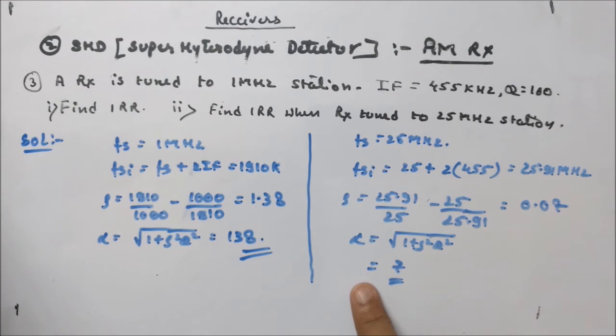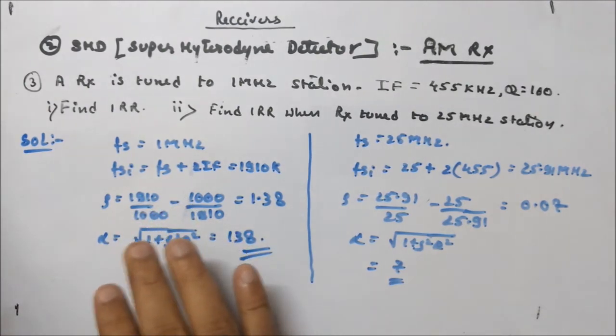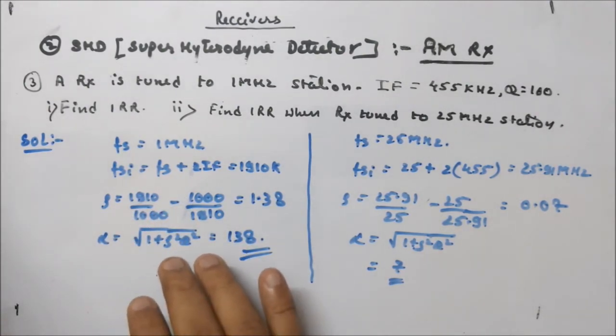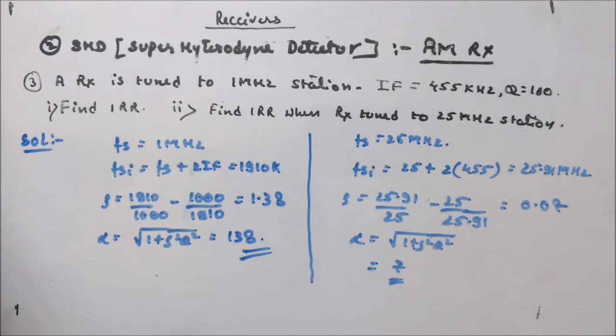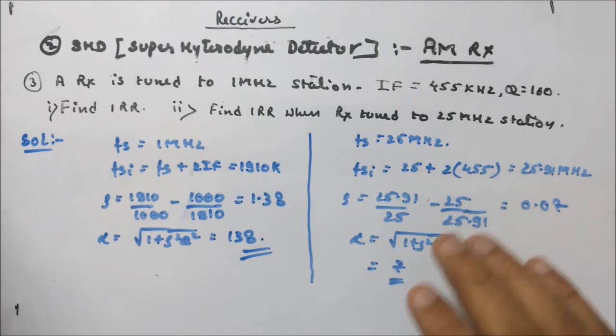Here the image rejection ratio is very low, 7. Here it is very high, 138. So this is a good tuned receiver, and it can reject the image frequency properly, but this one needs help, and the rejection ratio should be increased.